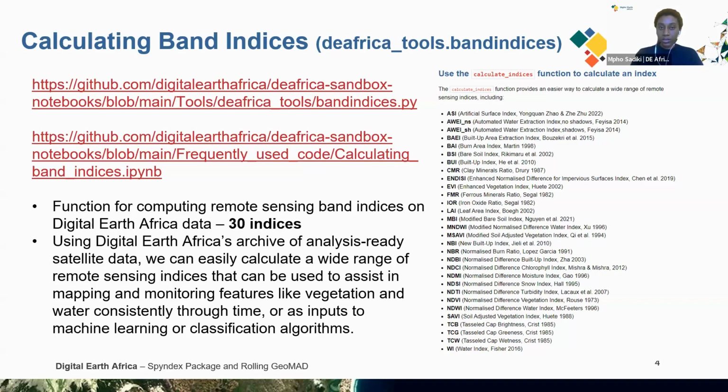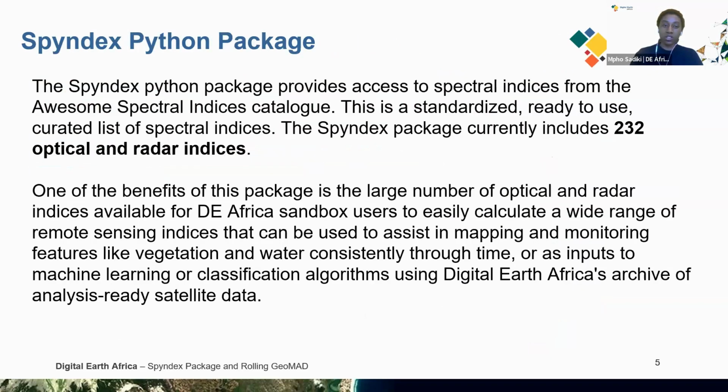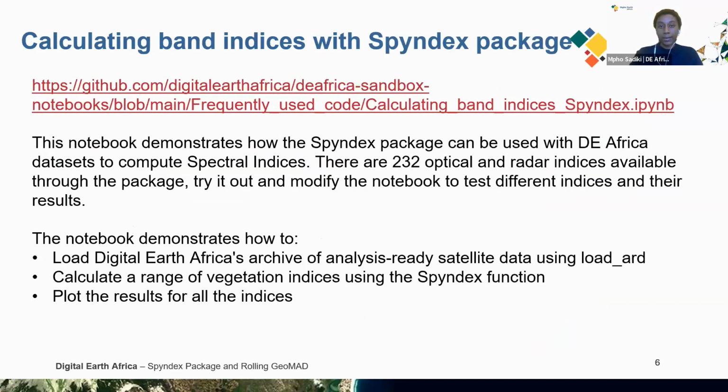This still exists, but now we are introducing you to the Spyndex package because it's a much more comprehensive catalog of indices. It contains 232 optical and radar indices that you can use and leverage within the Digital Earth Africa platform.